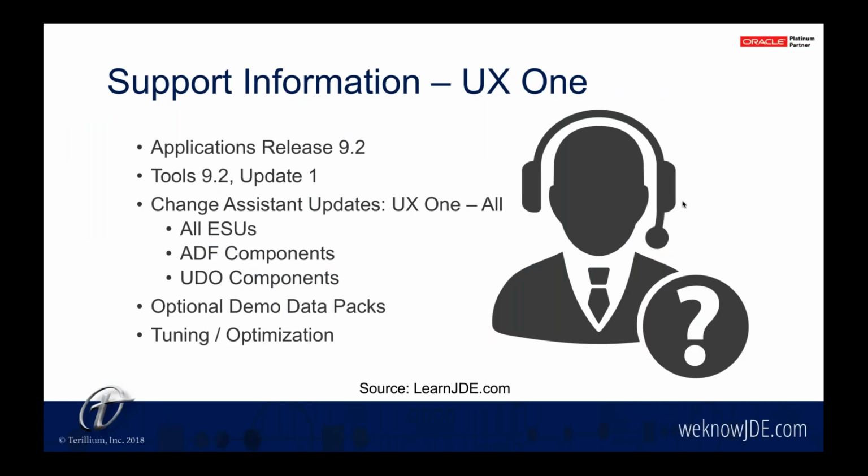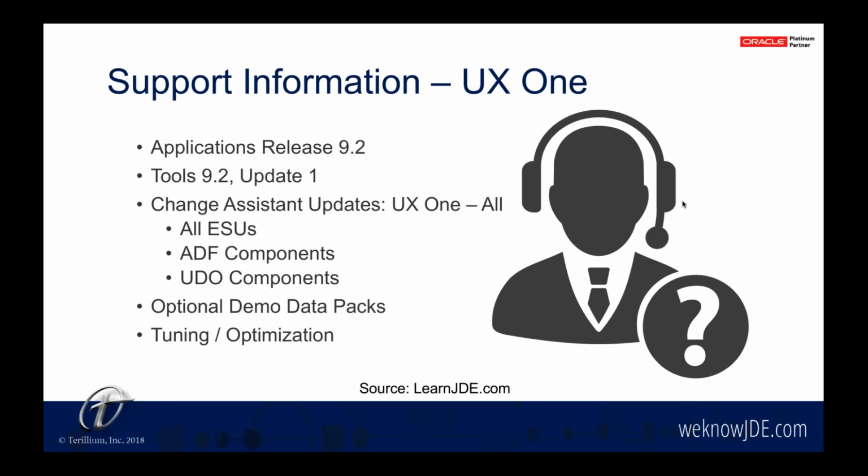So in order to take advantage of all of those features, if you want everything that's current, you will need to be on application release 9.2, although that's not required to take advantage of some of the components of UX1. You'll also want to be current on the tools release. Currently that's 9.2.2.4.